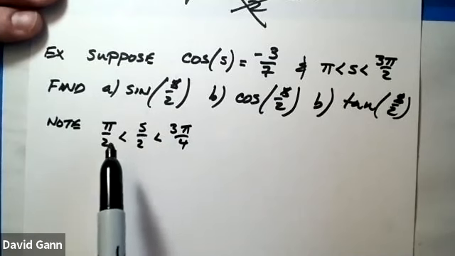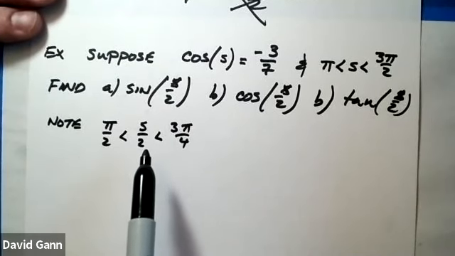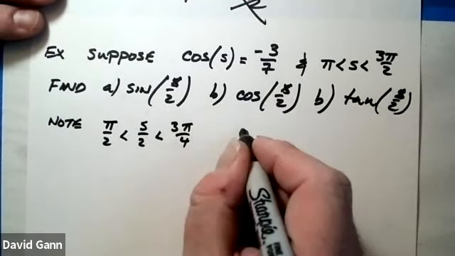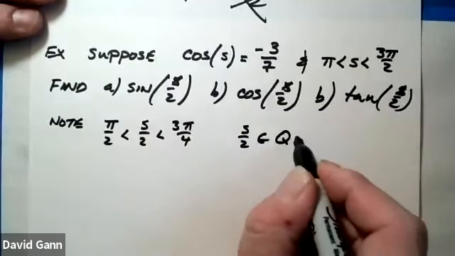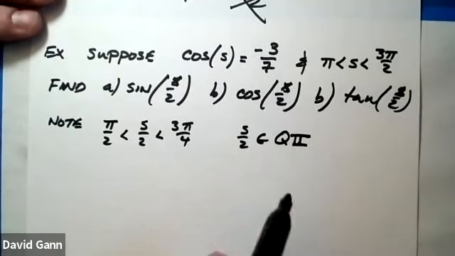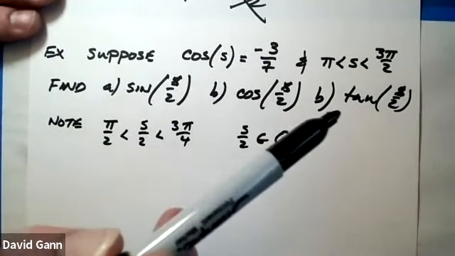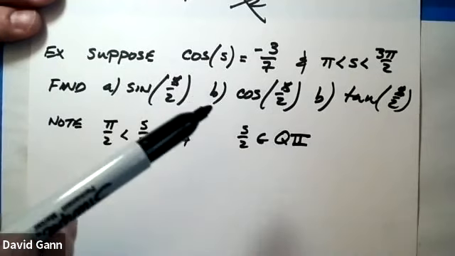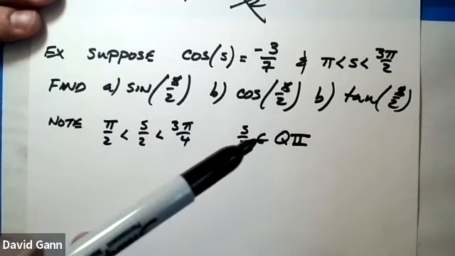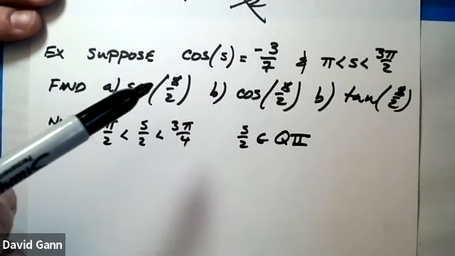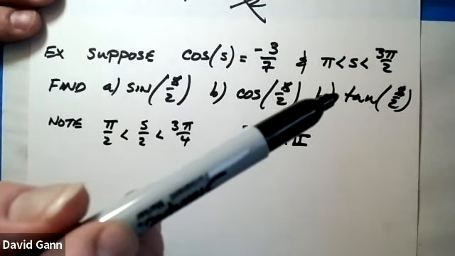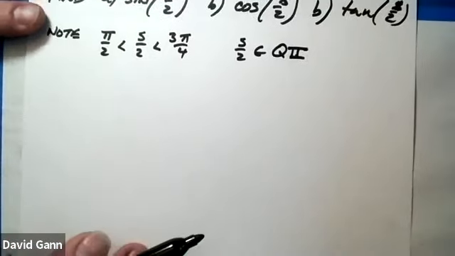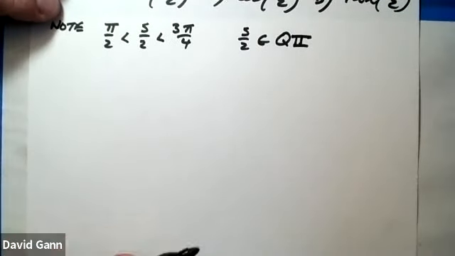Well, this tells you that S over 2 is actually in quadrant 2. So that's going to tell us which branch to use on all those formulas. Remember, every one of these has a plus or minus in it, and that's totally based on the quadrant of the argument. So we'll know that the sine one is positive, the cosine one is negative, and the tangent one is negative. So let's use those formulas.